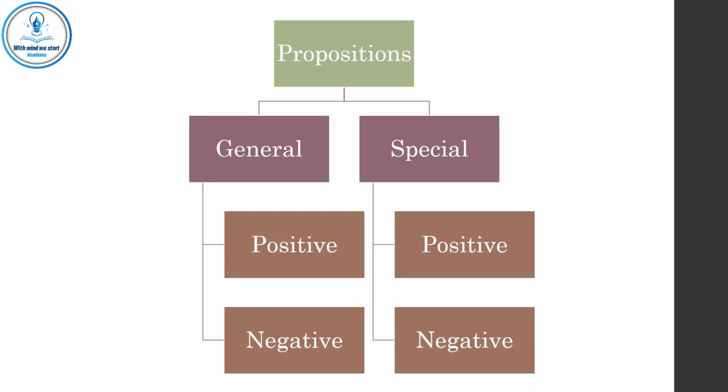So propositions may be general or special, and every one of them may be positive or negative. So we have four types of propositions: positive general propositions, negative general propositions, positive special propositions, and negative special propositions.